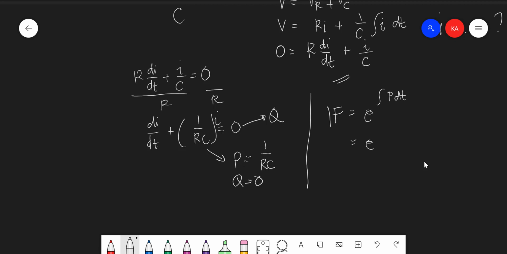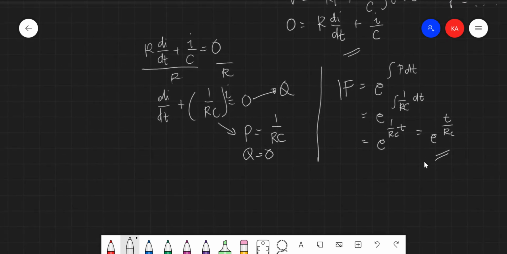So e to the integral of 1 per RC dt. So we get e to the power of 1 per RC times t, or e to the t per RC. This is the integrating factor.